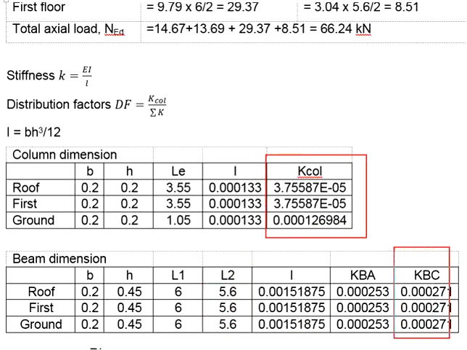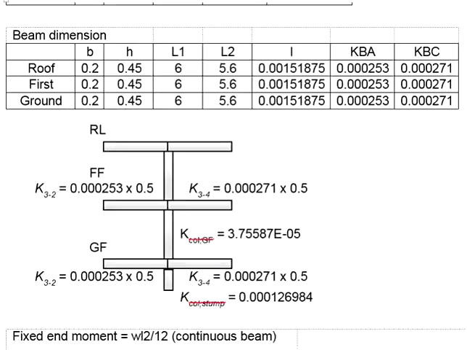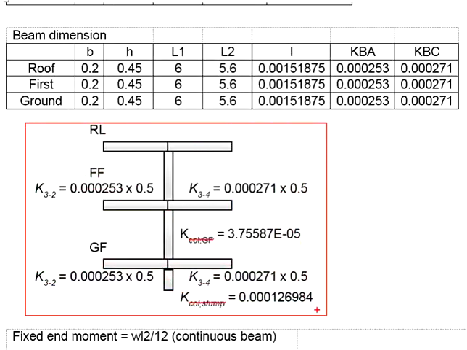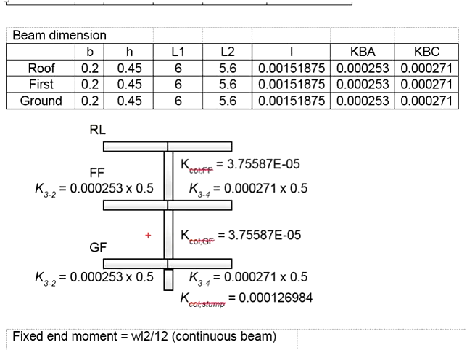Having all the stiffness determined, let us present the stiffness in terms of the figures. This is the column that you are designing, the ground floor column. There will be 2 ends. This joint will have the upper column, the lower column, and the left hand side and the right hand side beams.